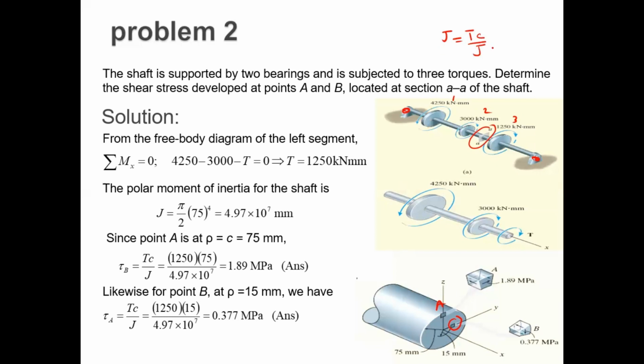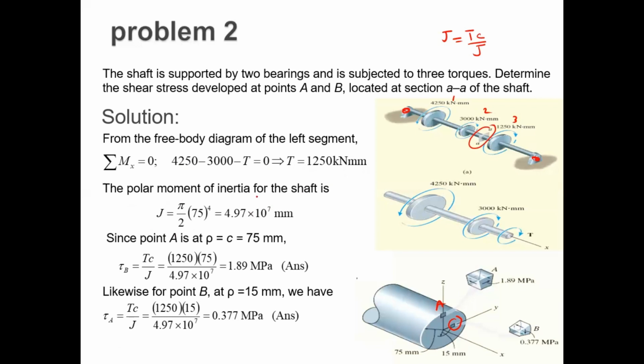For J, we need C, which is given. Now, from the free body diagram of the left segment, we cut the section at section AA. Summation of moment at x equals 0. 4250 minus 3000 minus t is equal to 0. In this way, we can determine t, that is 1250 kilonewton millimeter.